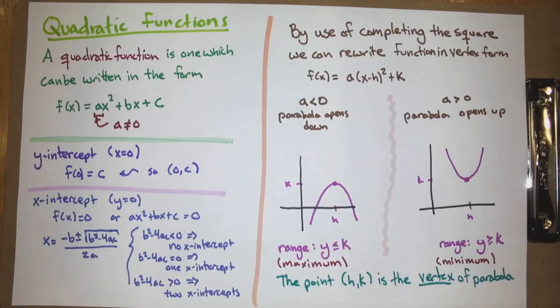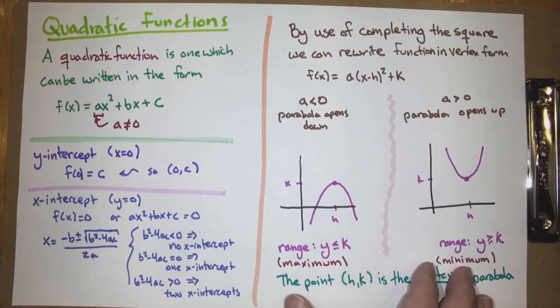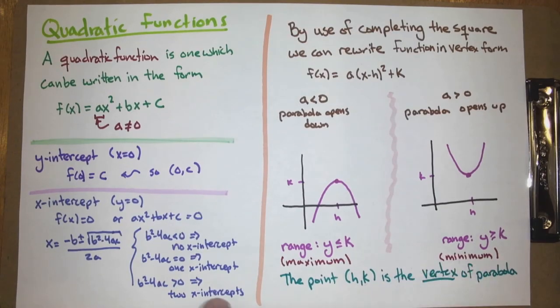How do you find x-intercepts? Well, x-intercepts, that's where you hit the x-axis. Now, you describe the x-axis by saying y equals 0. Okay. So now you put y equals 0. The output gets set equal to 0. 0 equals ax squared plus bx plus c. And then we're like, whoa, we talked about this.